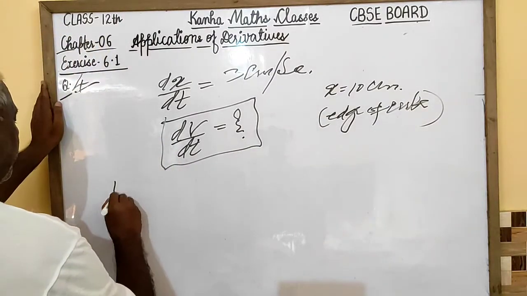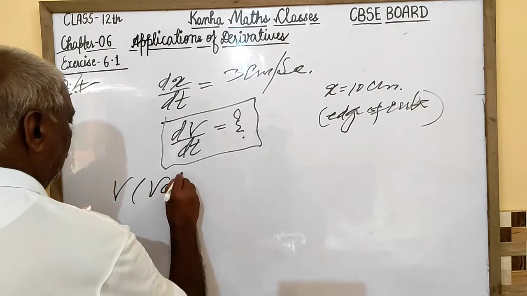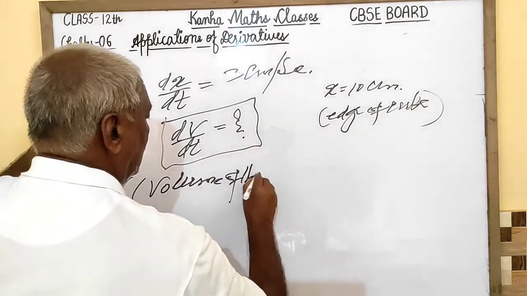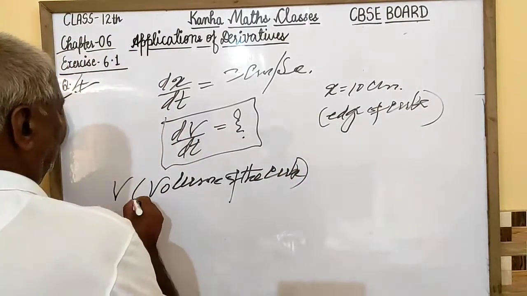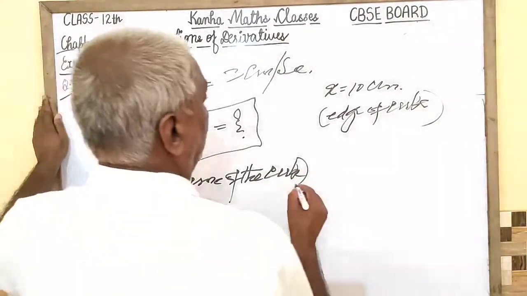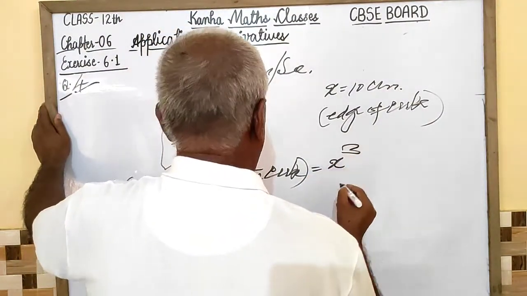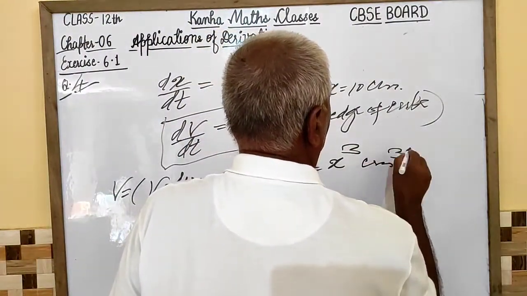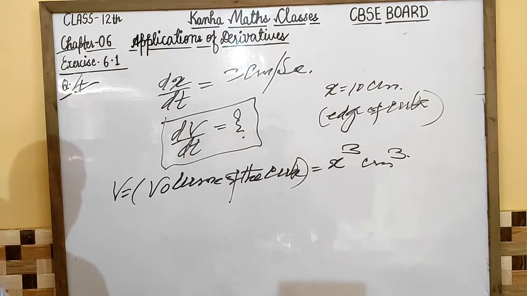Now V, volume of the cube, is equal to x cube. So we have to find out the rate of change of volume with respect to t.